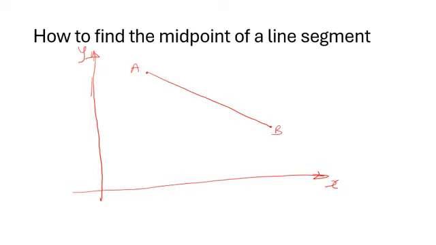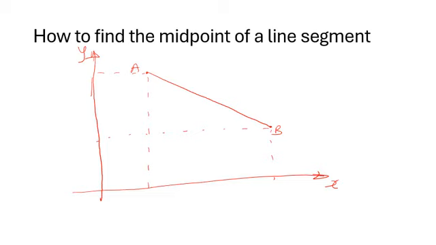Okay, and at the starting point, remember, we have a coordinate here. Okay, we also have a coordinate there at the end point. So this AB is a line segment, and this line segment has got coordinates at its ends.